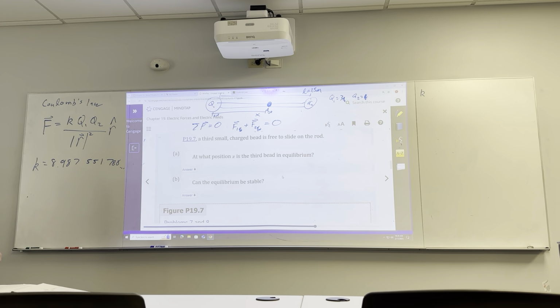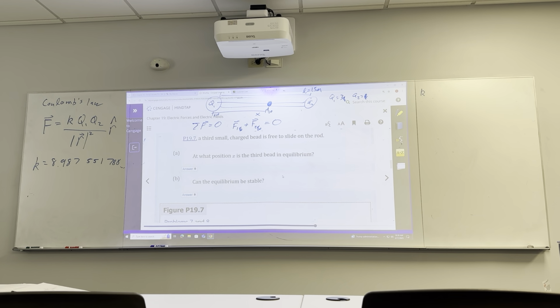I think I got it. Jared, do you think you got it? What's the length? Is it 1.5? Is that the total length? That's the total length. And you know me, I'll put numbers in at the end.